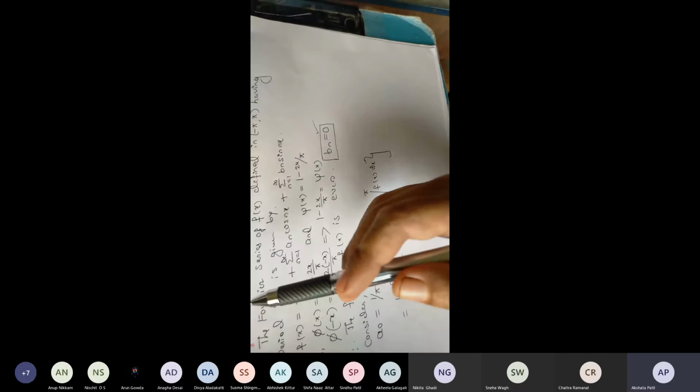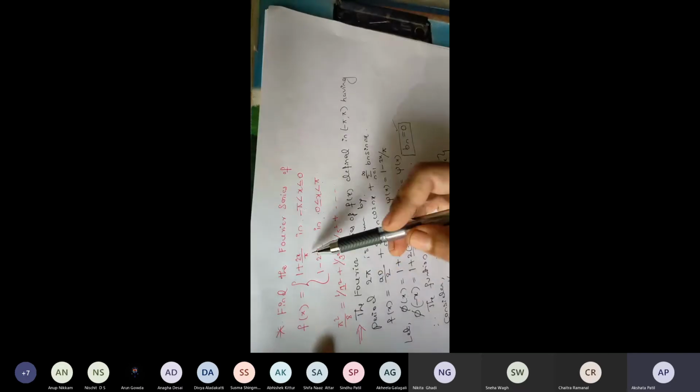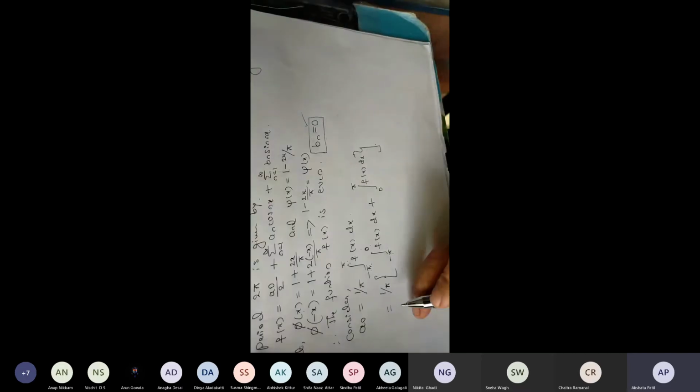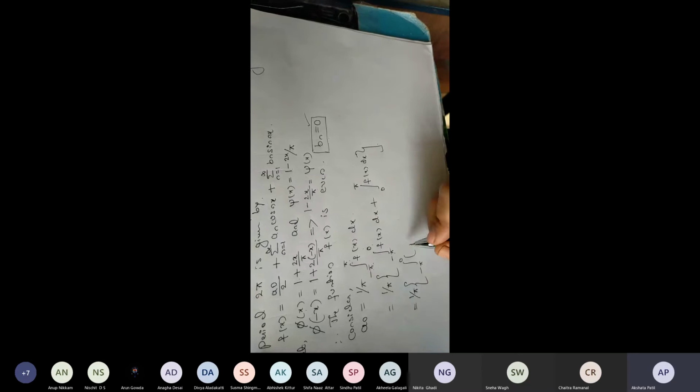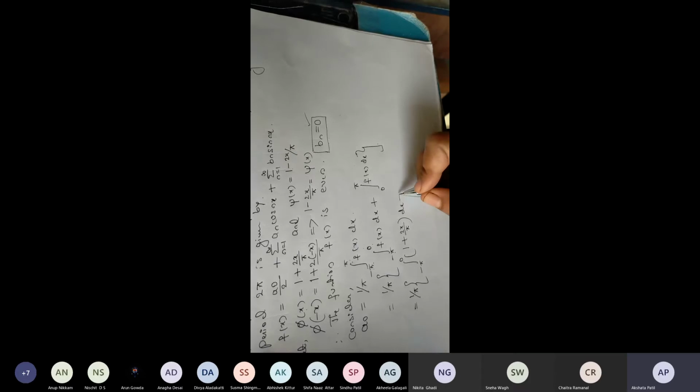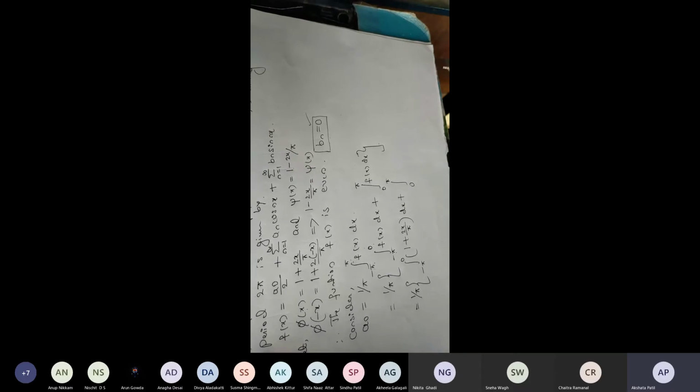Okay, now f of x is what? F of x is nothing but the first function, that is pi of x, that is 1 plus 2x by pi. So let us write here 1 by pi, integration minus pi to 0, keep as it is. In place of f of x, write down 1 plus 2x by pi into dx, plus integration from 0 to pi.